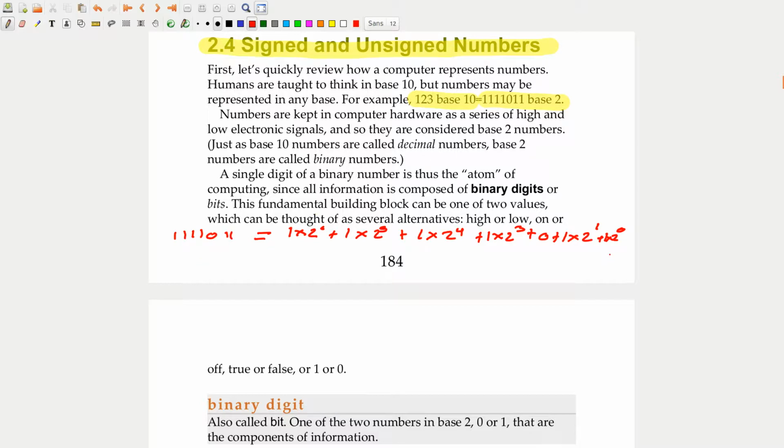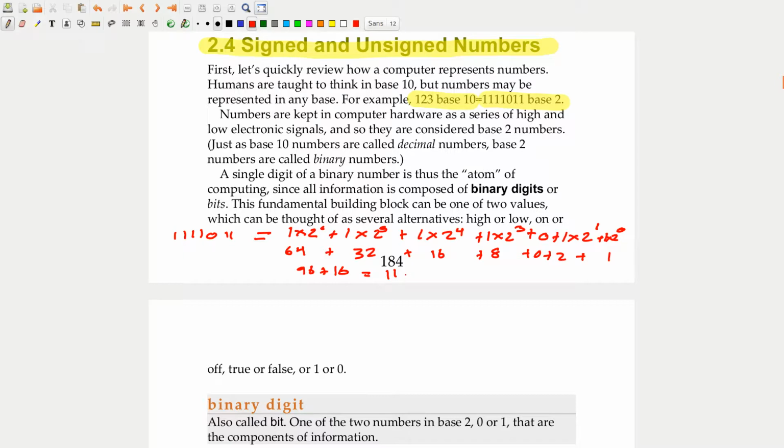And so we can just expand this out. This is going to be 1 plus 2 plus 0 plus 8 plus 16 plus 32 plus 64. So 64 plus 32 is 96, plus 16 is going to equal 112.